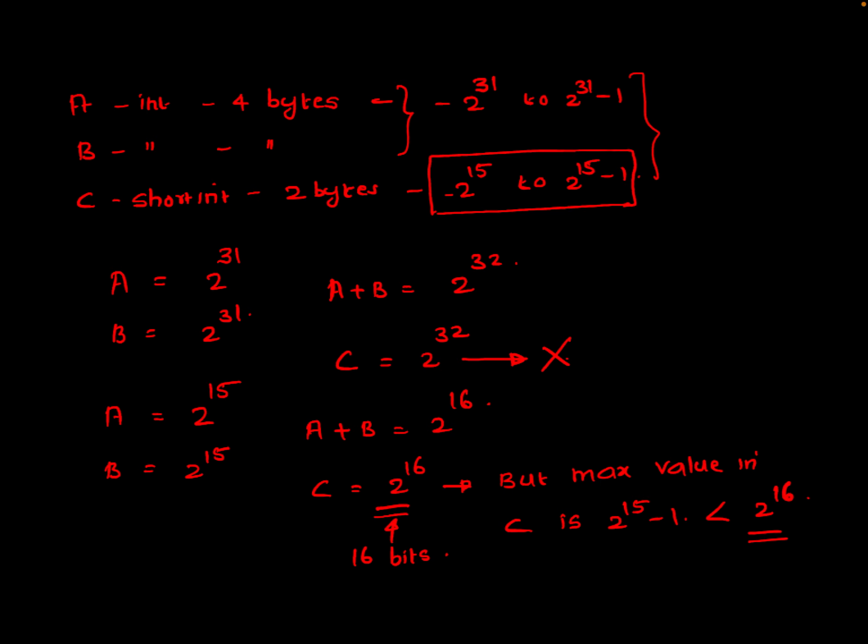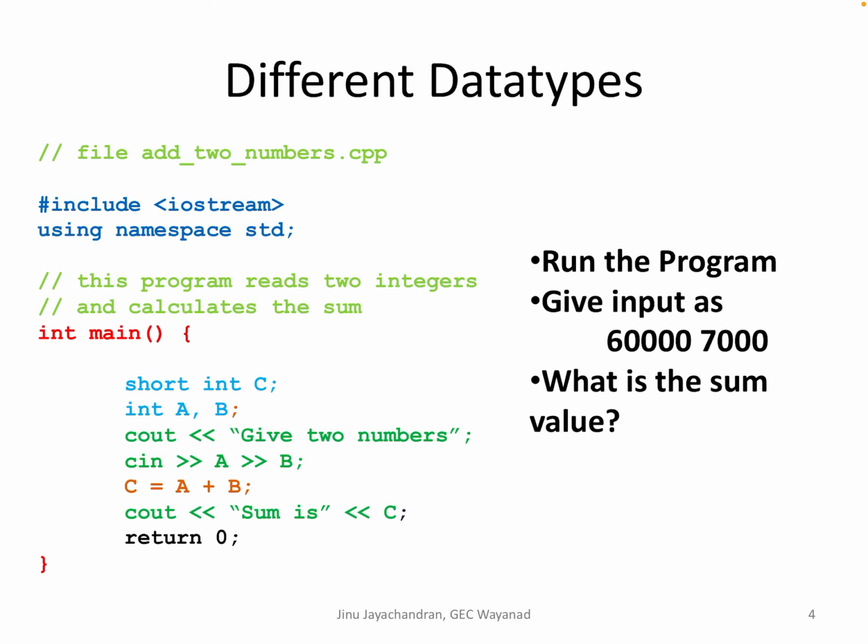Okay, sorry, there are 17 bits in this one because it's 2 raised to 16, and there are 16 bits in this one. So the last bit, the MSB, the 17th bit, will be truncated and only the rest of the part will be taken. We will understand this more using some exercises. Okay, so that's what is happening.